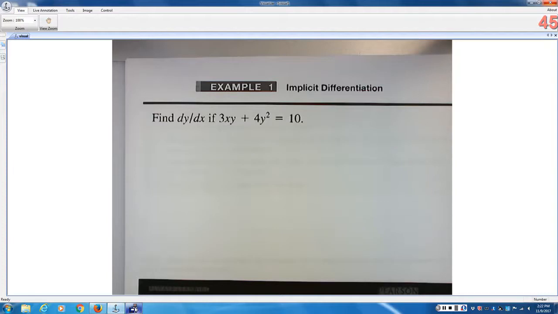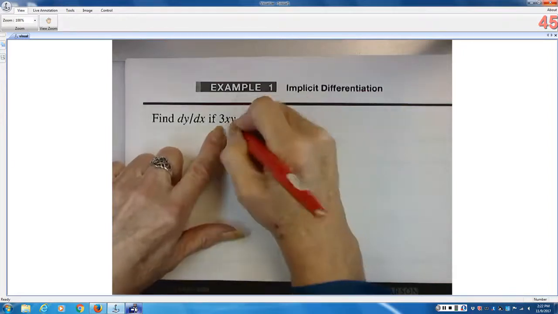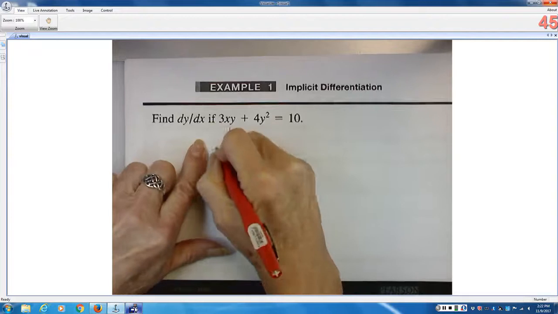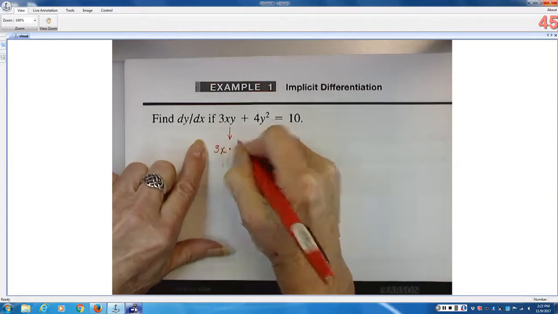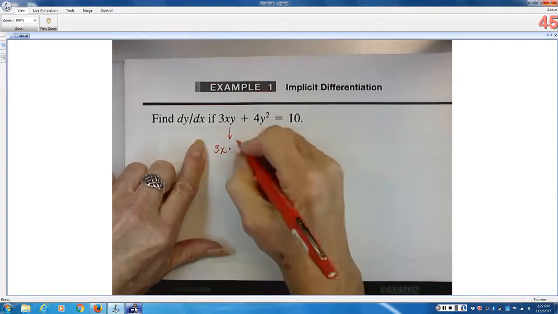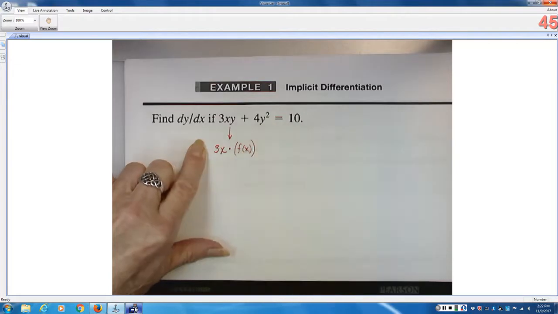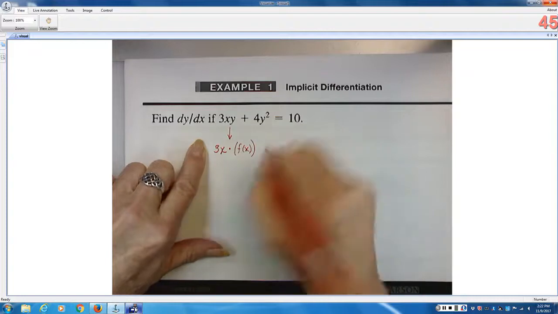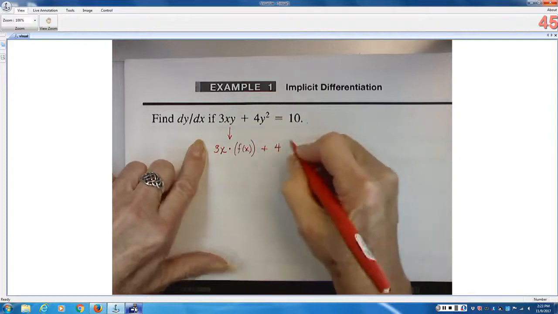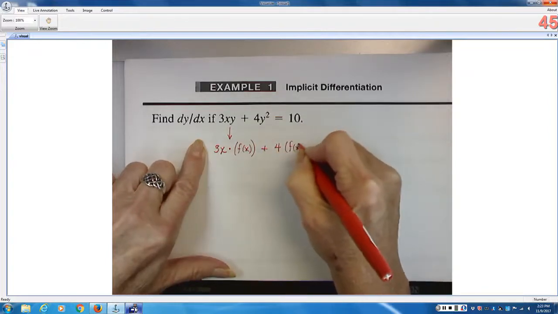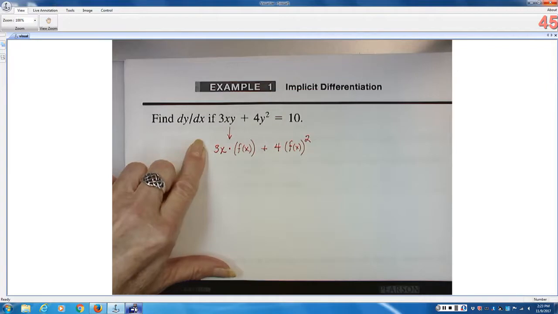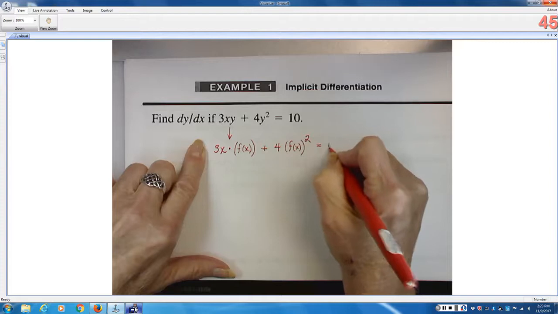Okay? y is a function of x, so it's a chain rule. This is a product. This is 3x times a function of x, because y is a function of x. Plus 4 times some function of x squared. And that's equal to 10.